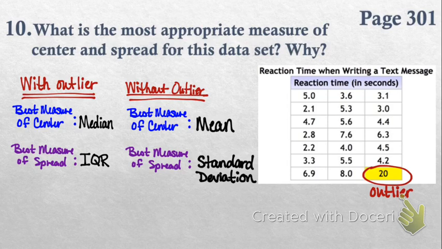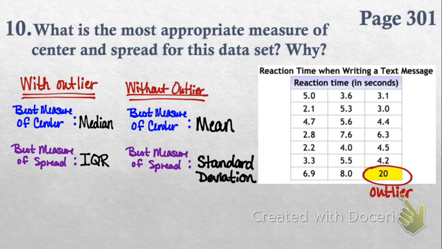I want you guys to look at the 3 graphical representations that are on page 302. Based on what you see, I want you to tell me what you think the best measure of center is, the best measure of spread, and why you believe that.